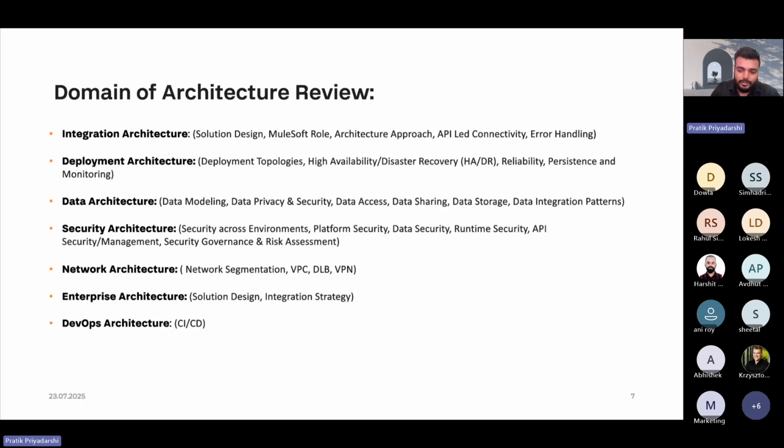We also examine your environmental segmentation as a part of security architecture. Because if you are using the same VPC for your UAT and production, I've seen this problem that sometimes a small issue or some misstep in the UAT ripples into the production.